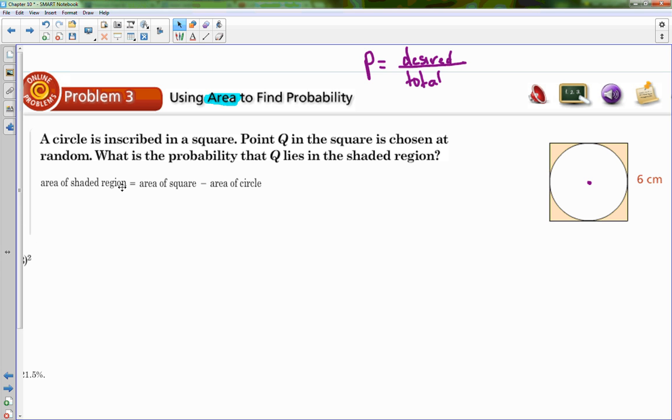So the area of the shaded region is the area of the square minus the area of the circle. So area of a square is 6 times 6, base times height, so 6 squared. The area of the circle, just remember, the distance from here to here is 6, so half of that, which is the radius, is 3.